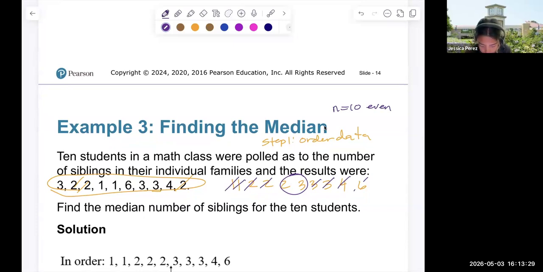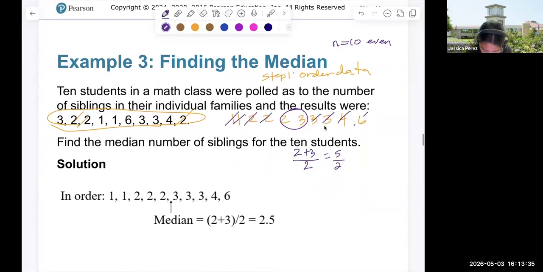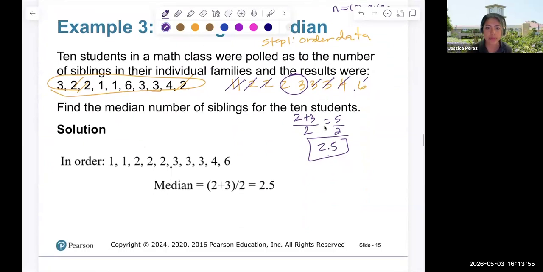So it's 2 plus 3 over 2, 5 over 2, and that would be 2.5. So the difference with this data was that we had to reorder it, and they actually added the value. So we got 2.5 as our median because n was 10.